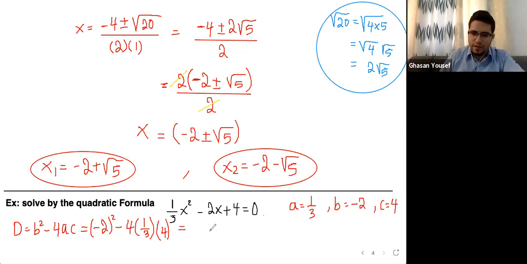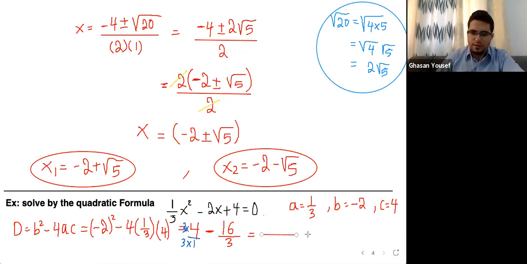So I get 4 minus 4 times 4, which is 16/3. The 4 is over 1, so I have to multiply by 3 to make the denominators equal.